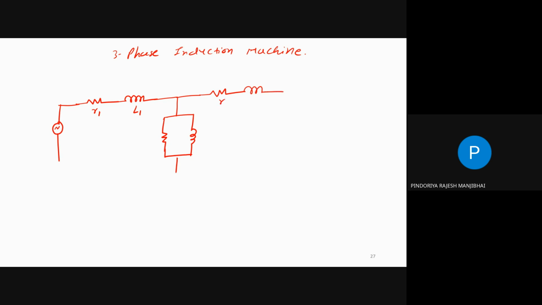So we can say this is the R2, this is L2, and here your slip, correct? So we can say R2 dash is nothing but (1 minus S) divided by S, and S is nothing but your slip.